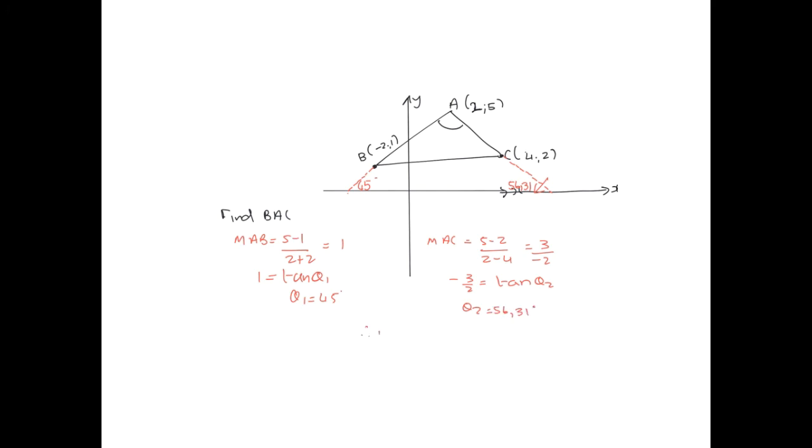And therefore, BAC, which we wanted, is 180 degrees minus 45 minus 56,31. And that's the sum of angles of a triangle. So let's do it on our calculators. And you don't do anything in your head because you don't want to lose any careless marks. And BAC is equal to 78,69 degrees.